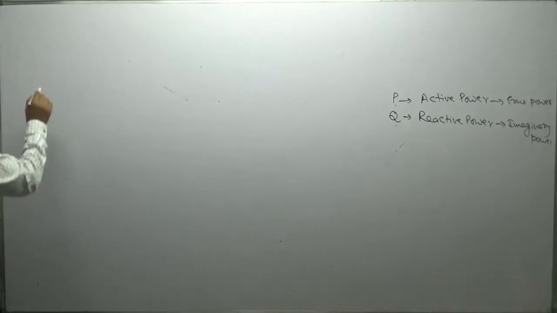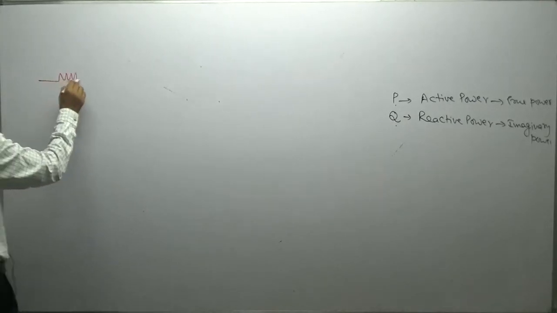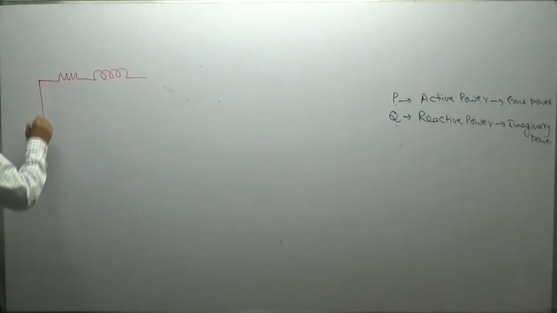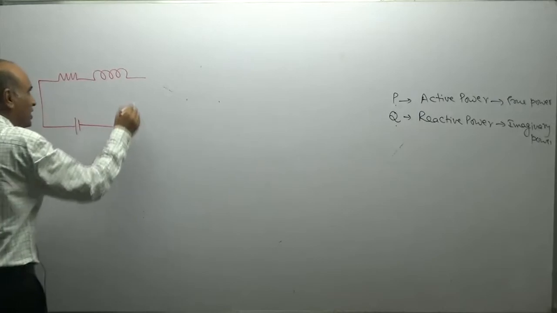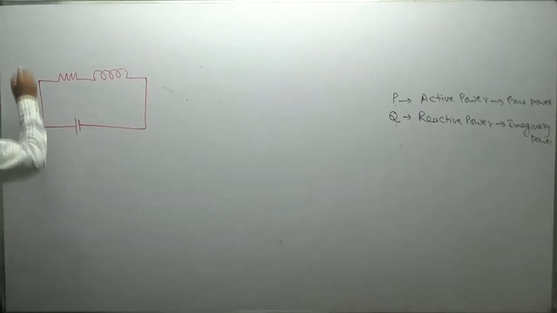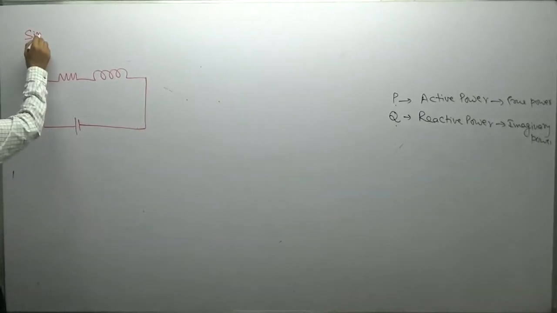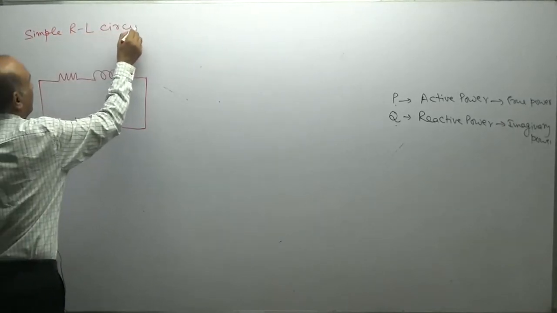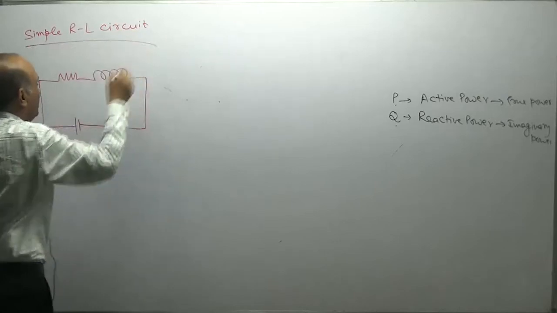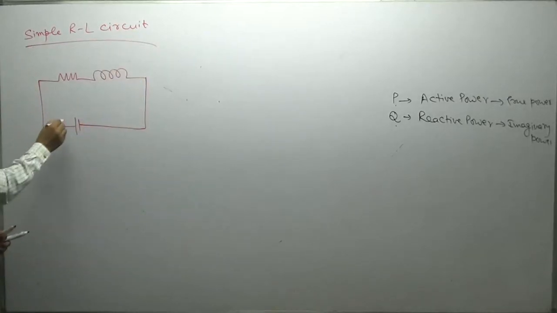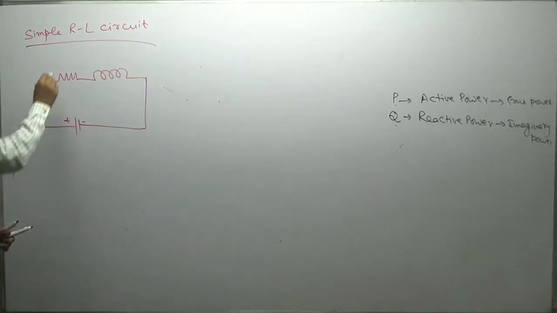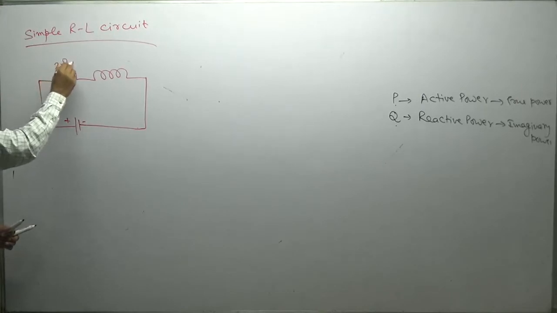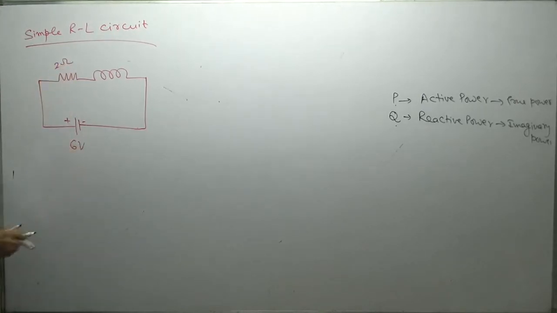First consider a simple RL circuit, and DC supply is applied on it. Suppose the resistance is 2 ohm and the supply is 6 volt.